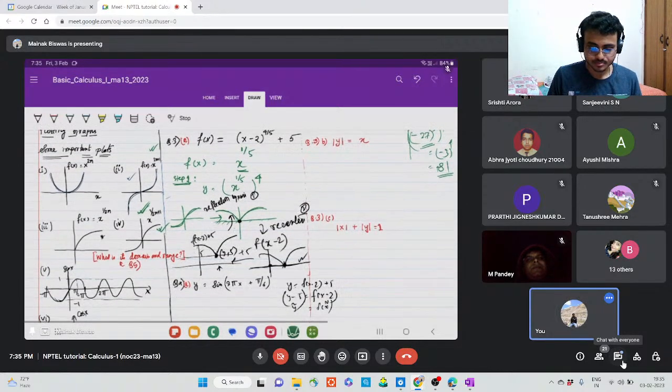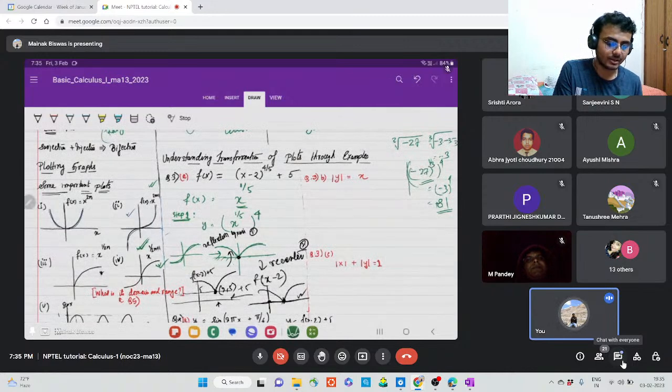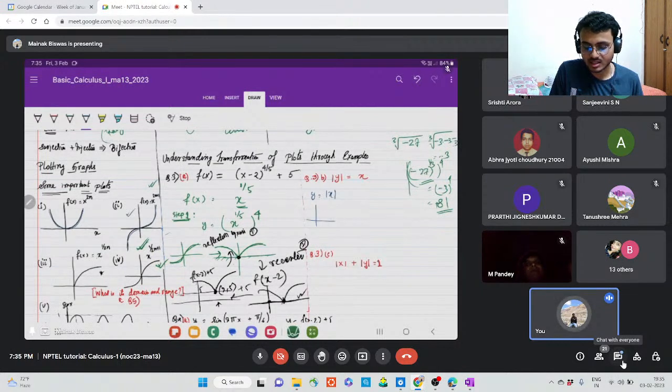Good. Now let's see how to tackle reflection about the x-axis. So we have seen the curve of mod x, right? It is something like this. So we reflected the curve along the x-axis because we took the negative value and made it positive. Now what do I do with mod y is equal to x? First, how do I plot it, and is this a function?